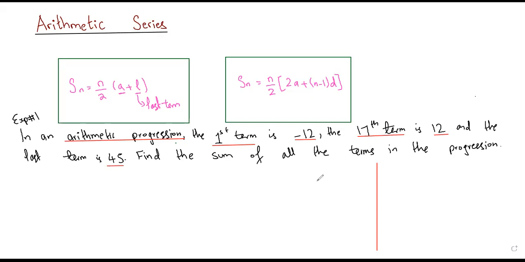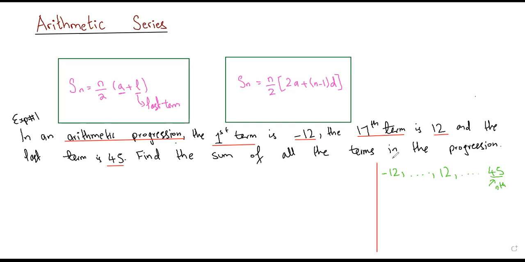The first term is minus 12, then we have some more terms, then the 17th term is 12, and then the last term is 45. We do not know what the common difference is. We do not know what n is, right? And this is the last one.